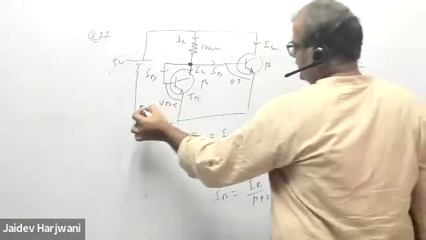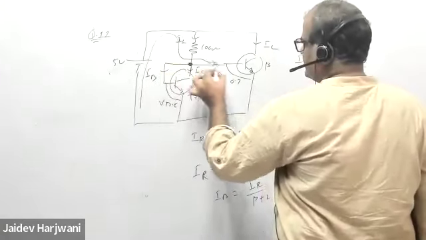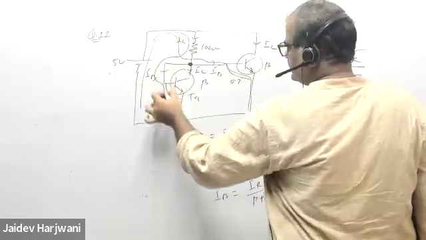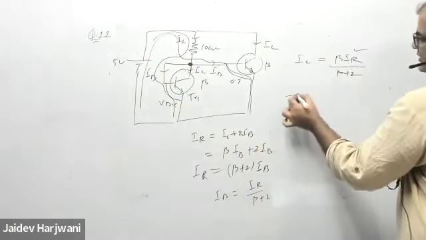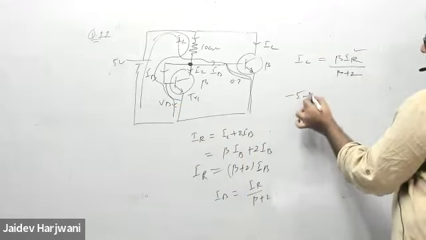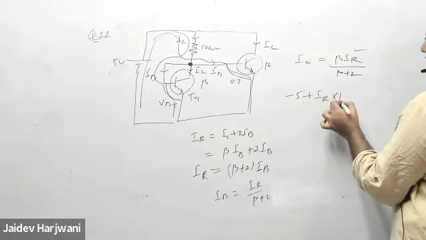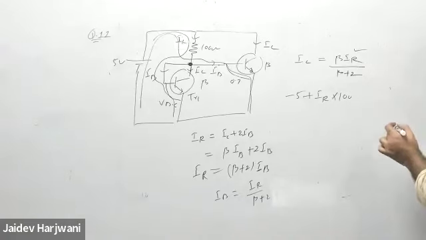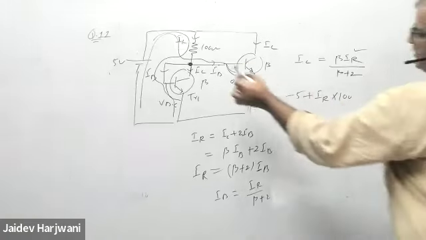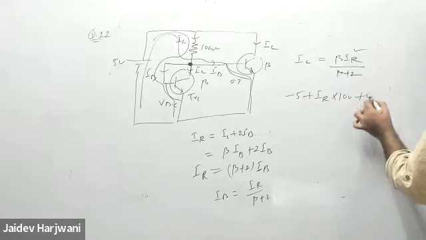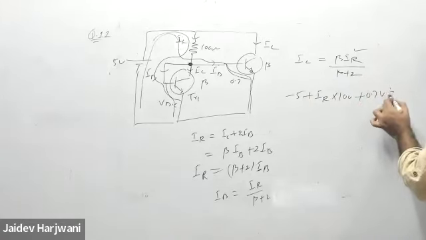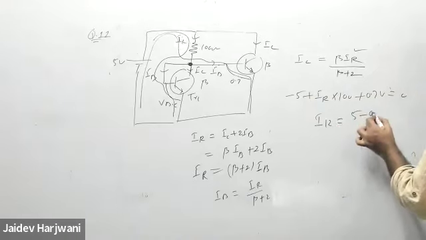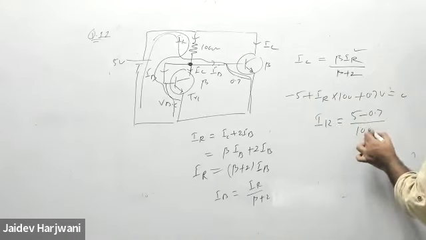Okay. Now I want to find what is IR. So I can go to this loop, or I can also come from here to here. I can write minus 5 plus IR into 100 ohm. 100 ohms is there, right? Not kilo ohm, 100 ohms. Then if I come here, 0.7 volt equals 0. So my IR will become (5 minus 0.7) upon 100.